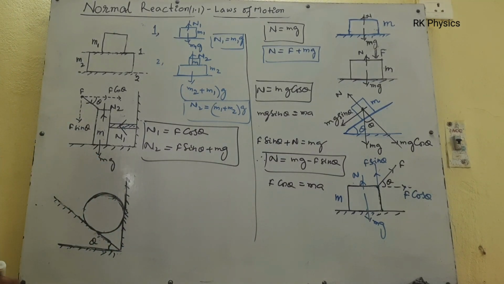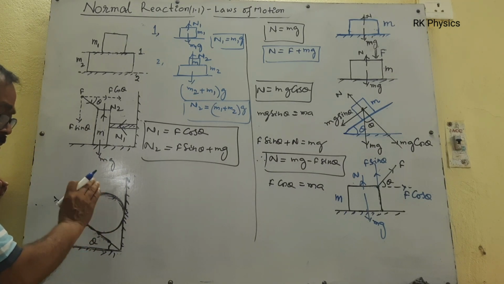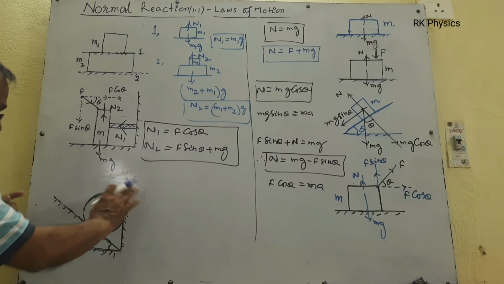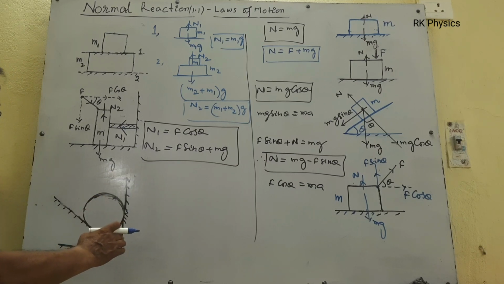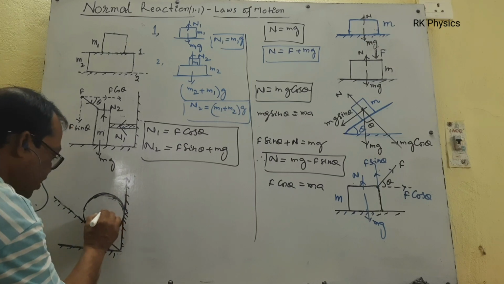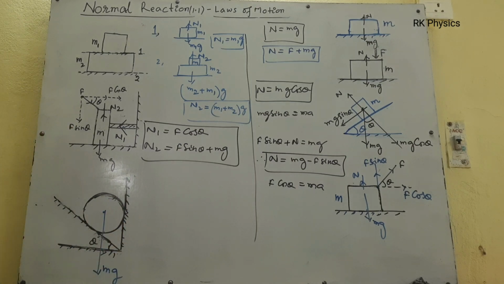Similarly, you come to the last figure. This is a cylinder or a sphere of mass m kept in between two fixed walls. One wall is vertical and another one is inclined, making an angle theta with the horizontal. You can take the weight of the body as mg vertically down.